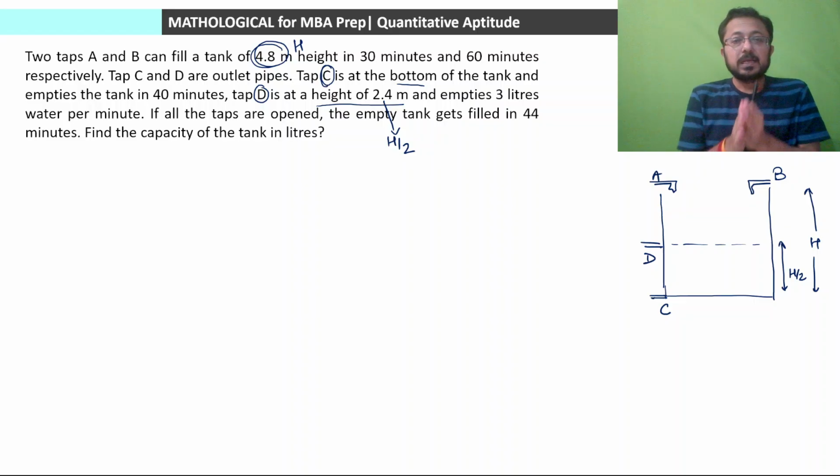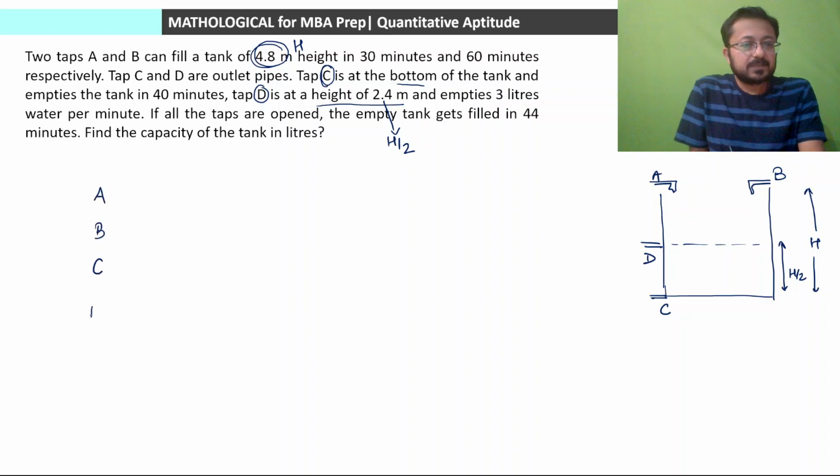अब अपना कन्वेंशनल चीजें जो गिवन है उनको प्ले पे लेते हैं. तो टैप A, टैप B, tap C and tap D. A and B are filling with a positive sign and C and D are emptying water. Tap A is filling in 30 minutes. Tap B is filling in 60 minutes.